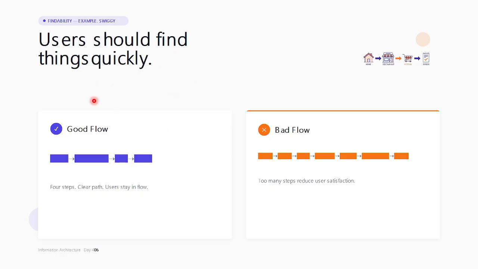Like that, in a digital product the flow should be in fewer steps, because when the steps are too many, the user may get frustrated and satisfaction is reduced. That is known as findability, and that is good flow versus bad flow.